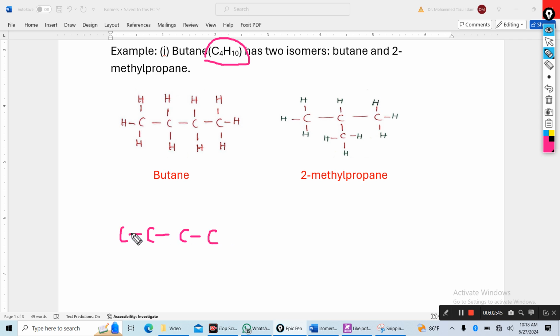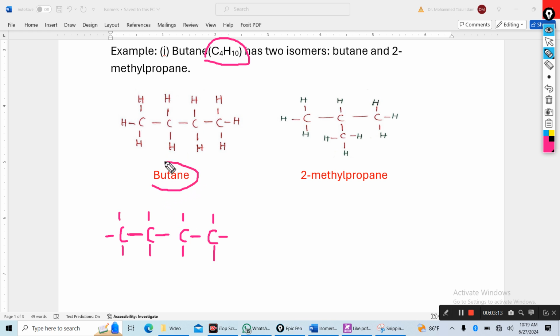The left-hand carbon has only one bond, so it needs 3 hydrogens. This carbon has 2 bonds, so it needs 2 hydrogens, and this carbon also has 2 bonds, so it needs 2 hydrogens to fulfill carbon valency 4. The right-hand carbon has only 1 bond, so it needs 3 hydrogens.